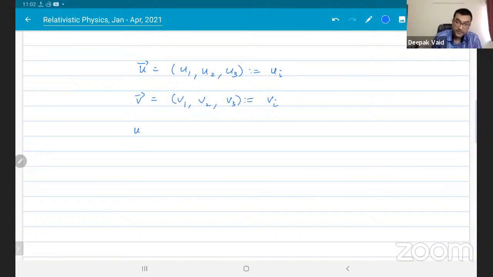So when I ask what is the length squared of u, I write this as u transpose times u. Another way to write it is as follows: I can write it as u_i u_i, which I can also write as delta ij u_i u_j.